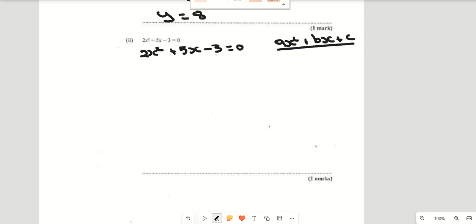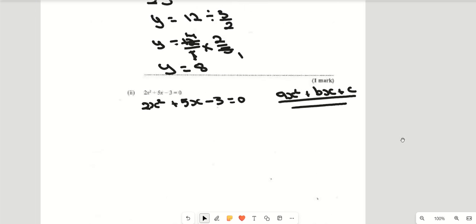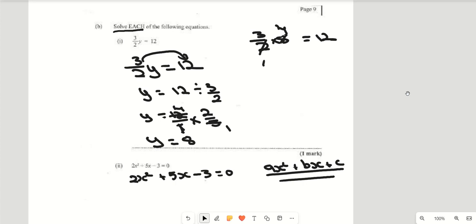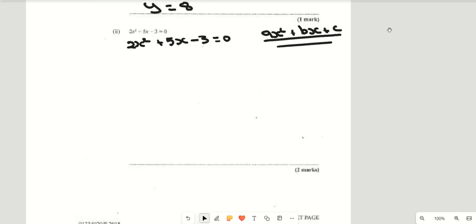If you see any equation in this form, immediately your head has to go to this is a quadratic equation. Now, there are two ways to solve quadratic equations. The first way would be to factorize, and the second way would be to use your formula.